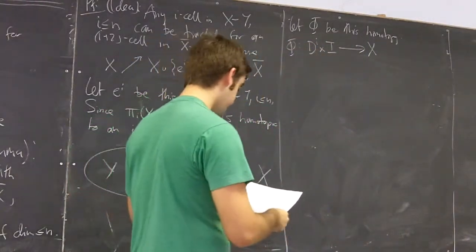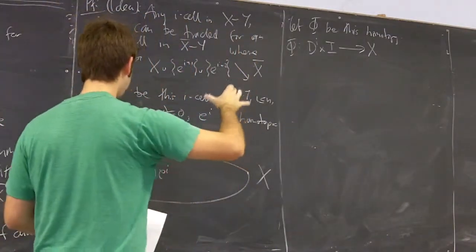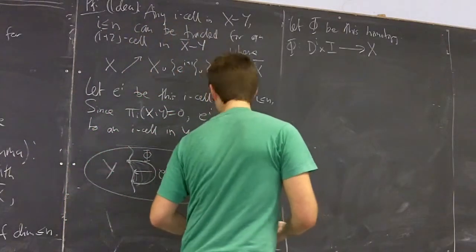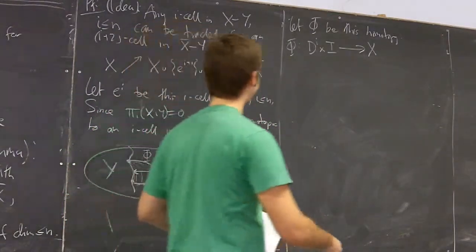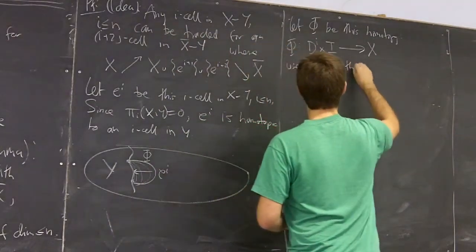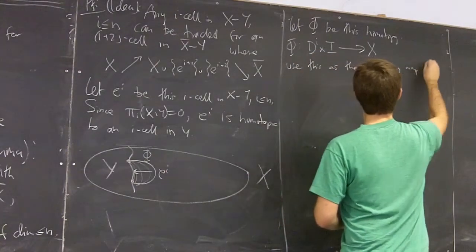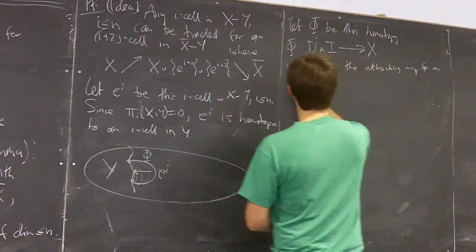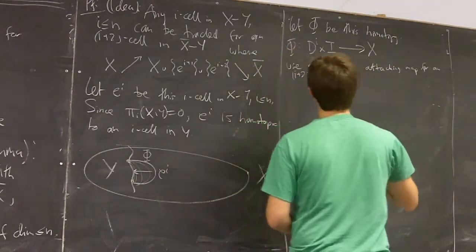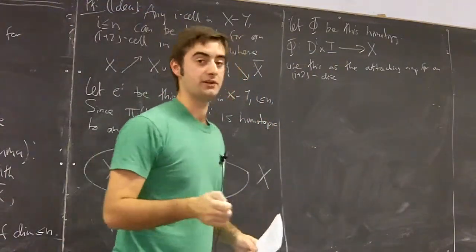Now the idea is to use this as an attaching map for an I plus 2 disk. But this was attached in the way we had before for an elementary expansion.